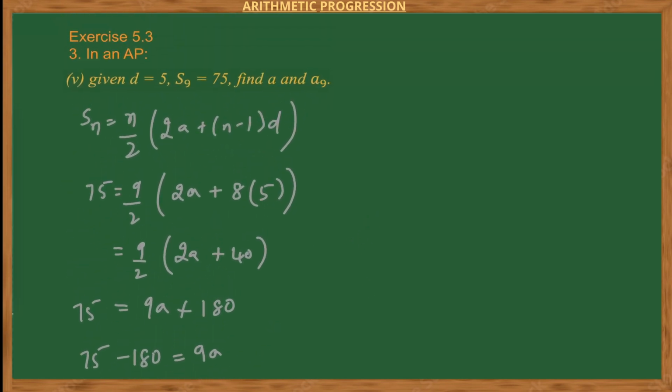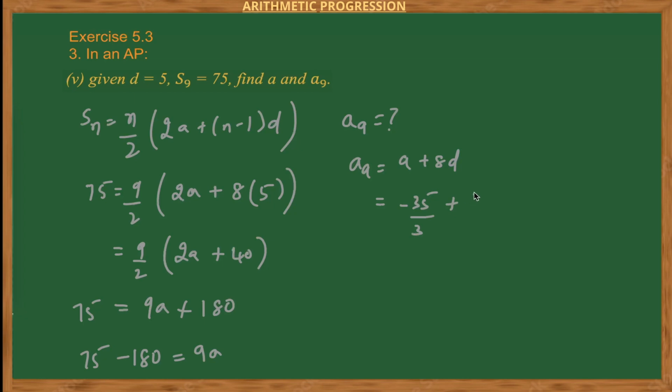Now we need to find a9. a9 is equal to a plus n minus 1, which is 8d. What is the value of a we got? We got the value of a as minus 35 divided by 3.